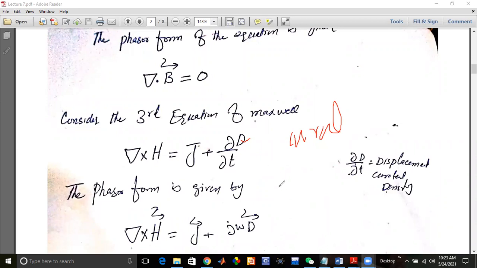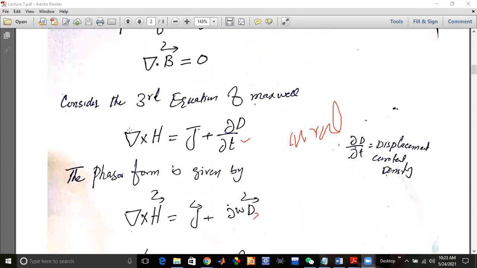The first step, we will write this into phasor form. So the H here is in instantaneous form, and here this H is in phasor form, equal to the J in phasor form plus j omega D, with D in phasor form. So it means that we have converted this equation from instantaneous to phasor form.